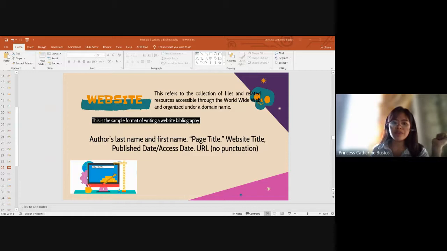It just refers to the collection of files related to the World Wide Web or www and organized under a domain name. We have here our format for website: author's last name and first name, title of page, website title, published date, and then URL. There is no punctuation at the end of it. I'll show you one by one later on.